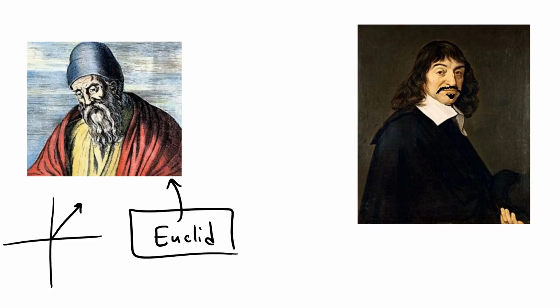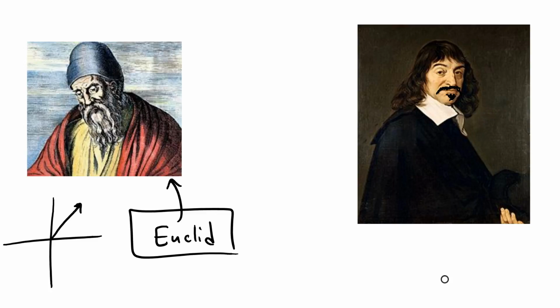But this guy right here, this Mr. Descartes, let me just highlight his mustache a little bit. This guy, Descartes, really revolutionized the way that we describe the address of the point. Now, Descartes not only was a really intelligent mathematician, he was also a philosopher.